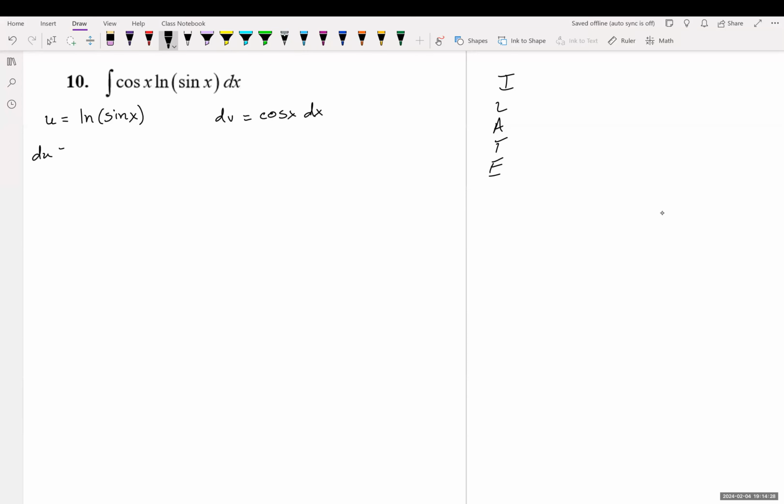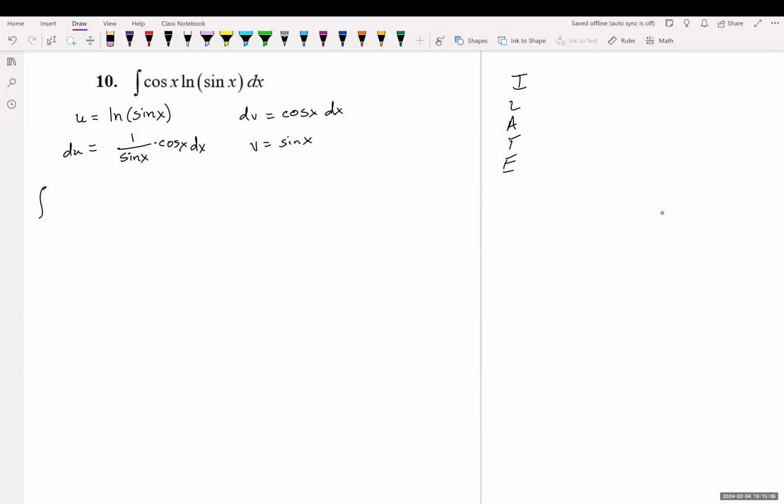So du, the derivative of ln, is 1 over whatever's in there. So that's 1 over sine x, like that, times the derivative of the inner function, cosine x, and we have a dx here, and v equals sine x. And as usual, you can always pause and take a derivative and double check that you're getting that.